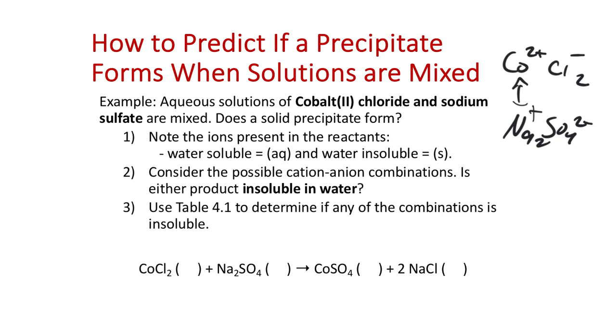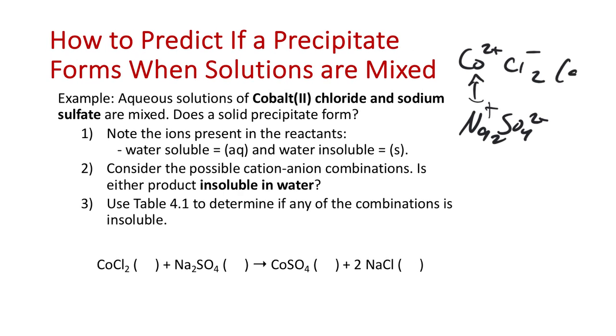Because cobalt chloride is a water-soluble compound. If you remember, chloride's generally soluble with 3 exceptions. Cobalt's not one of those 3 exceptions, so that's a water-soluble compound. When I write AQ, that's really important for me because when I say cobalt chloride aqueous, it means it's dissolved in water. When I have something that's water-soluble, I write AQ, and that's telling me that cobalt chloride is really this in solution.